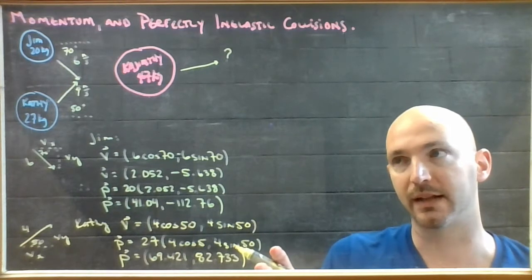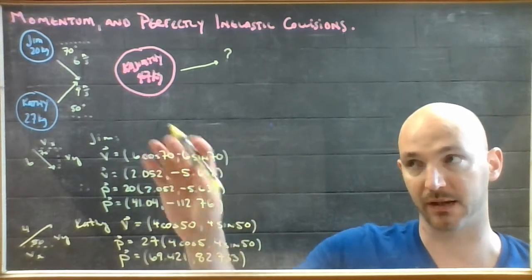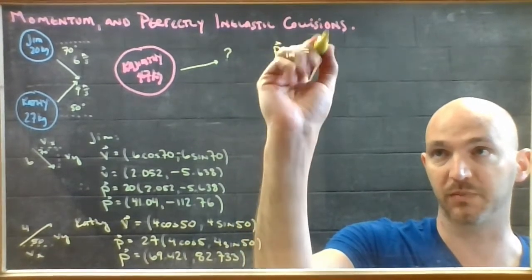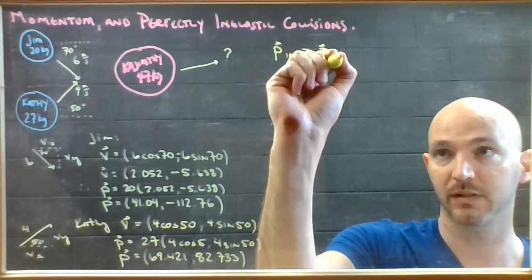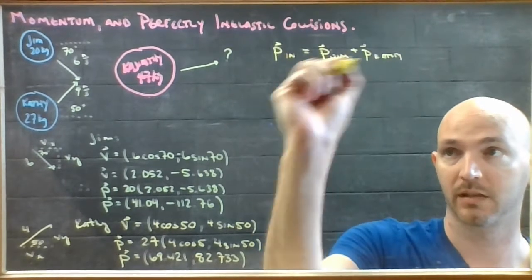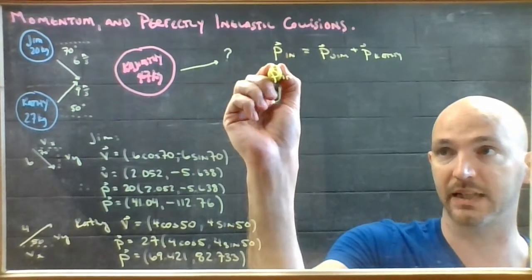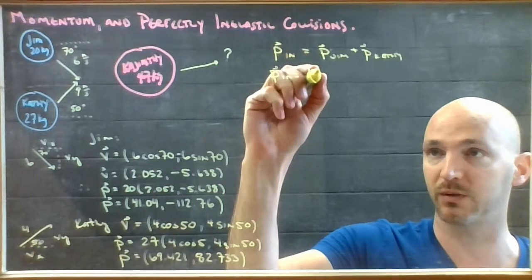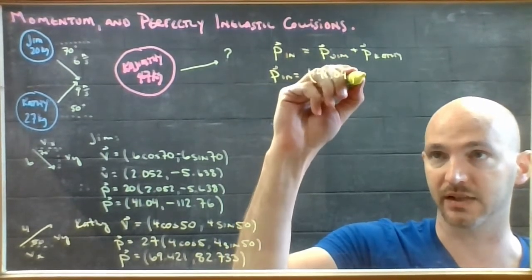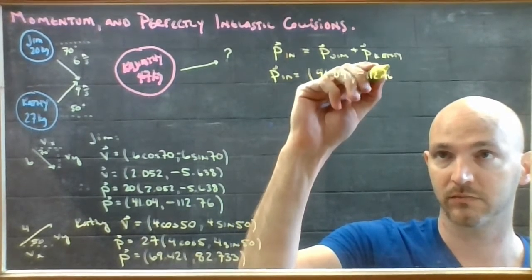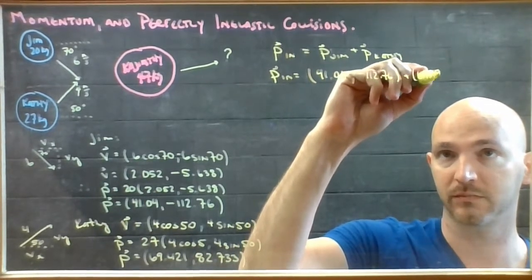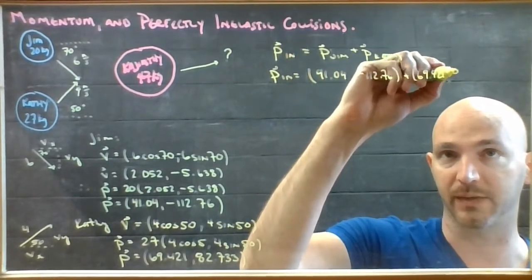So in order to get the momentum that I have at the beginning, so P on the way into the collision would be the momentum of Jim plus the momentum of Kathy. So that means that my momentum headed into the collision is going to be 41.04, comma, negative 112.76, plus 69.421, 82.733.